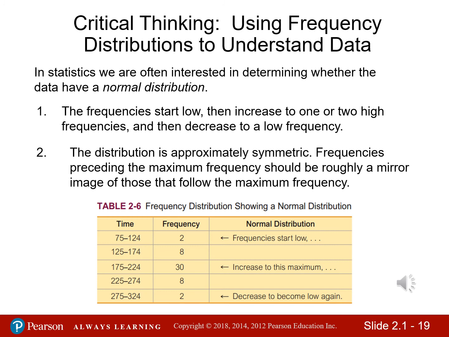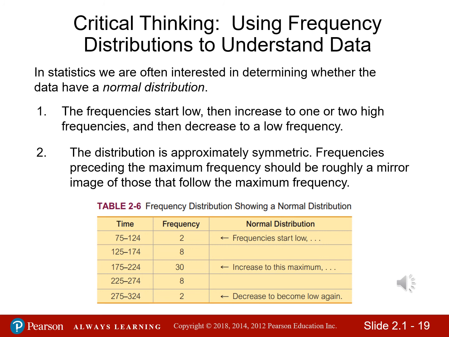The distribution is approximately symmetrical, and the frequencies preceding the maximum frequency should roughly mirror the image of those following the maximum frequency. In Table 2-6, this is an example of a frequency distribution that satisfies those two conditions.